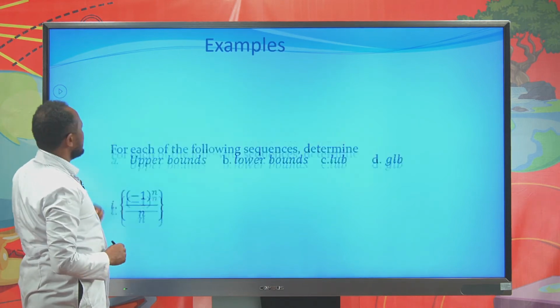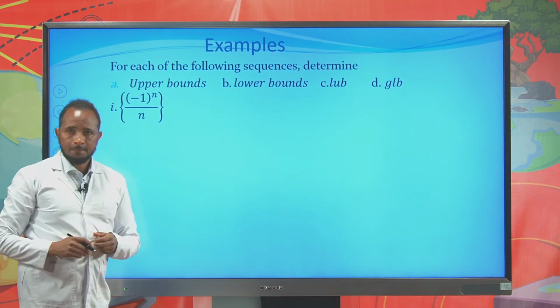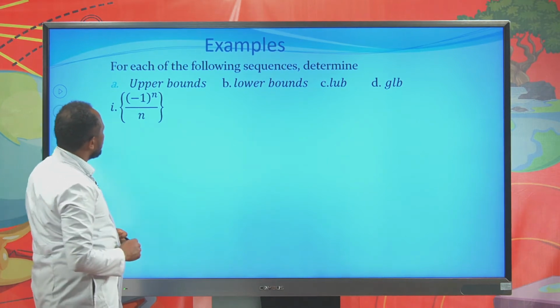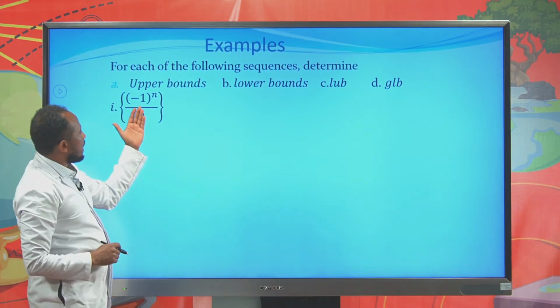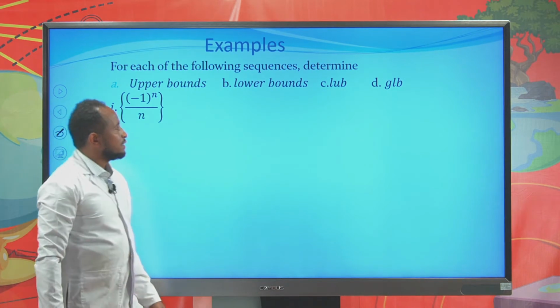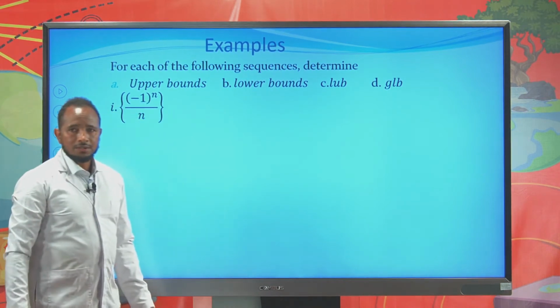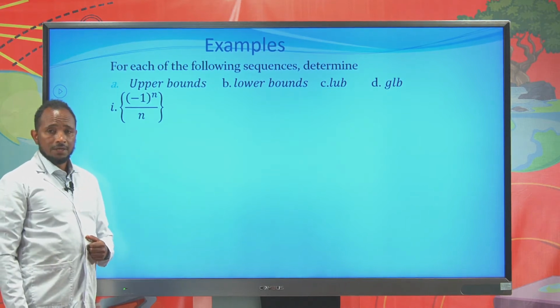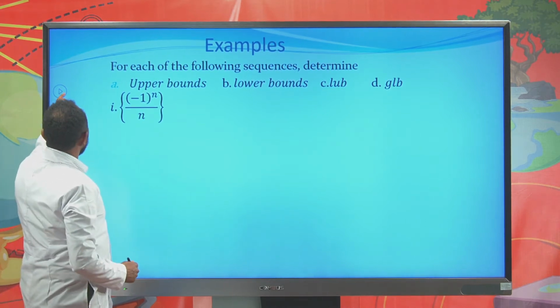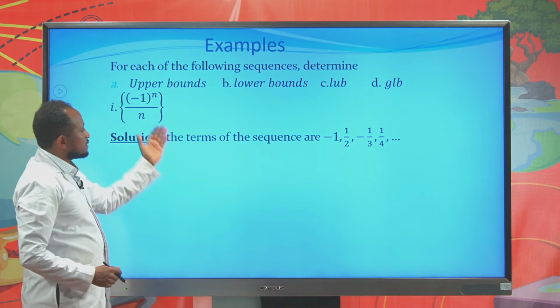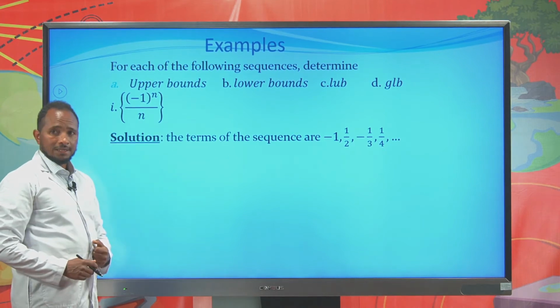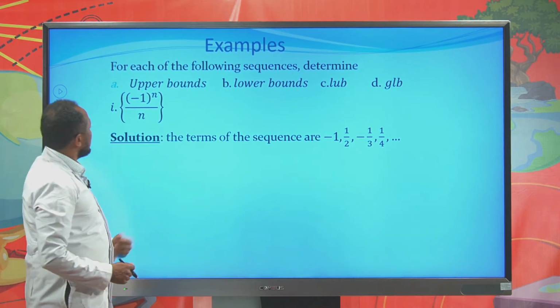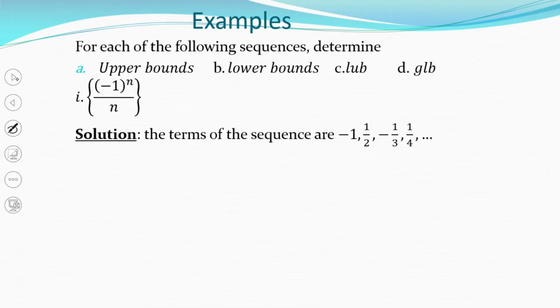Now let's see an example for this concept. Let's try to find the upper bound, lower bound, the least upper bound, and the greatest lower bound of this sequence. To find this, we need to list some terms of this sequence. The first term, if you put 1 here, you get -1.